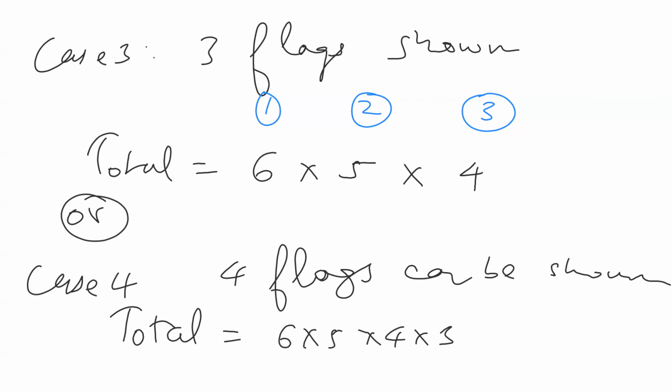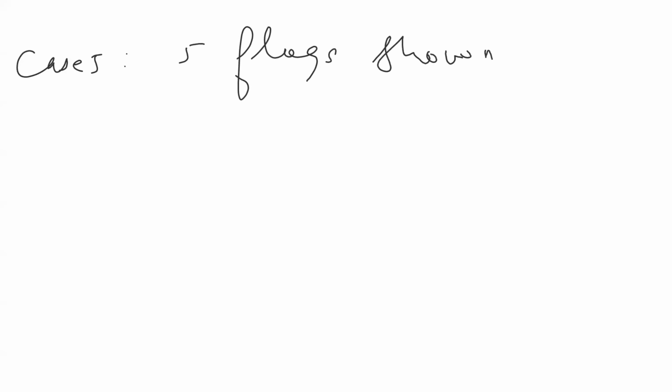Now while generating the signal, I can show 5 flags at a time. So the next case will be case 5. 5 flags shown: 1, 2, 3, 4, 5.